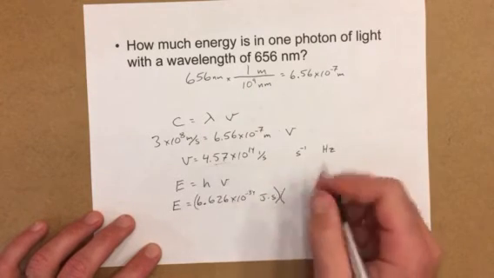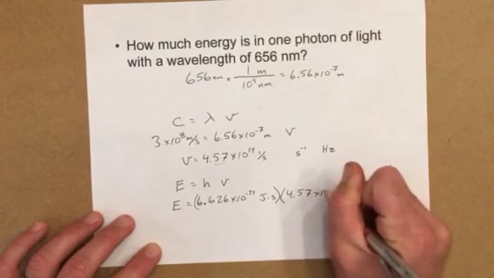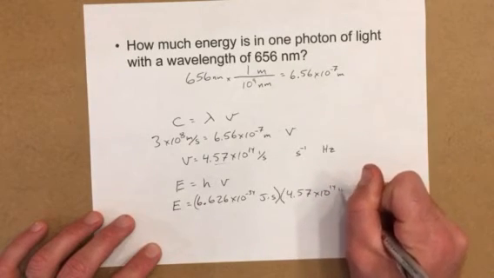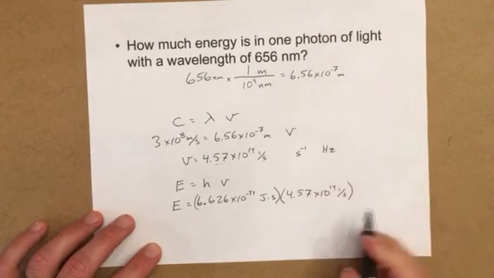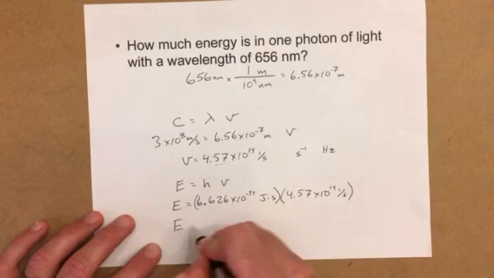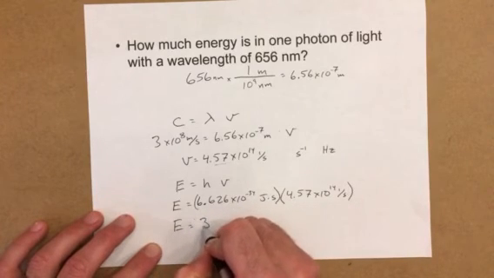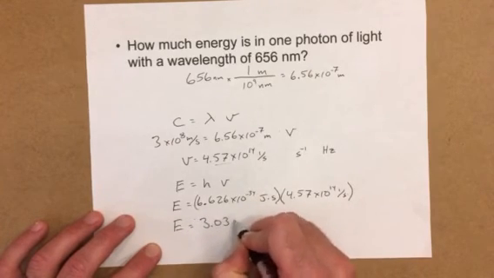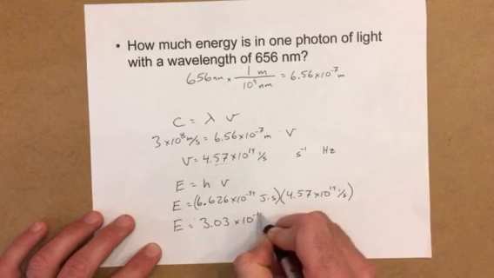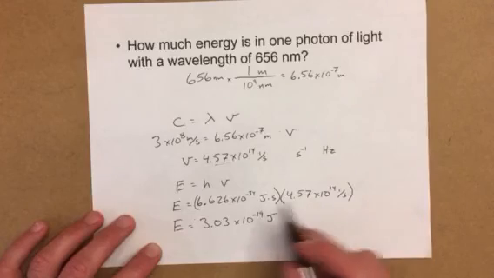And then the frequency, which we just found, 4.57 times 10 to the 14th, 1 over seconds. You can see how seconds will cancel out, leaving joules, and when we multiply these two numbers together, you get 3.03 times 10 to the negative 19 joules.